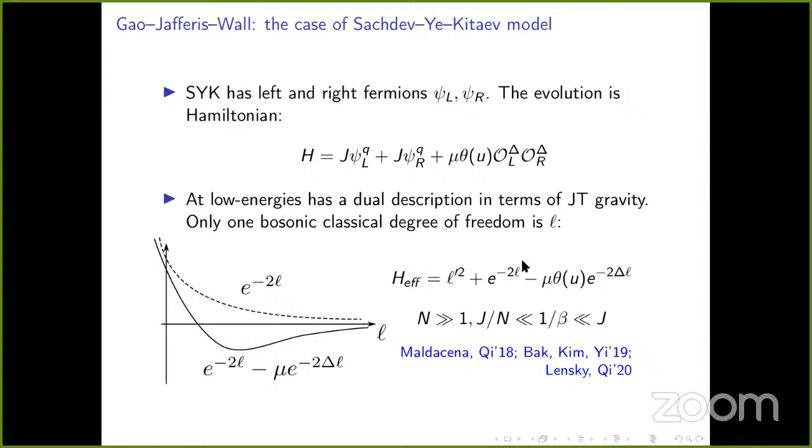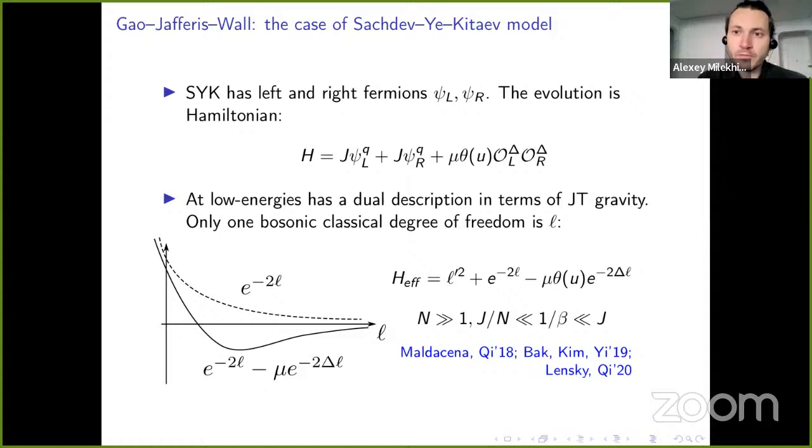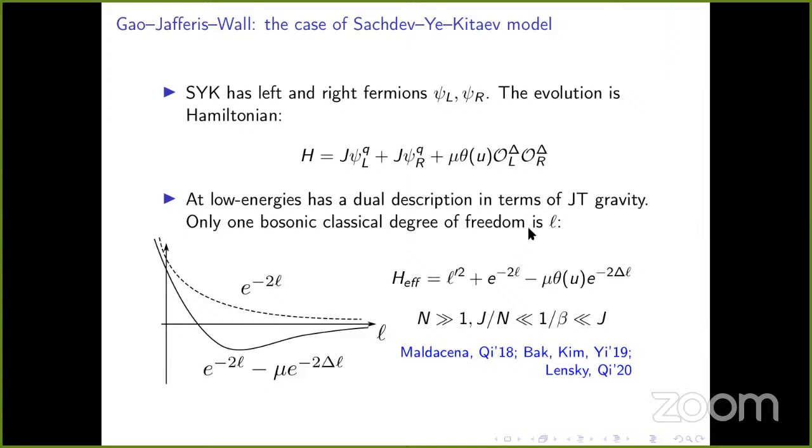Sorry about this effective Hamiltonian. First of all, until the interaction is turned on, I mean, you need to have at least two collective variables. Sorry, what do you mean? I mean, you have two non-interacting Hamiltonians. Why should I describe them using only one variable?